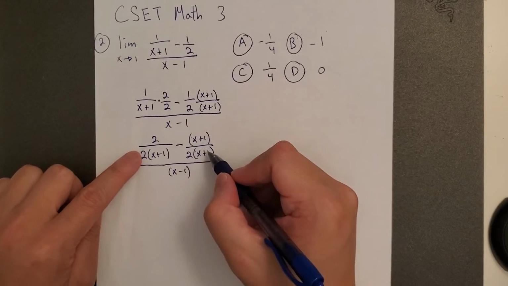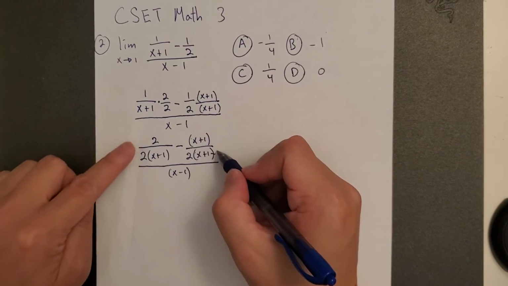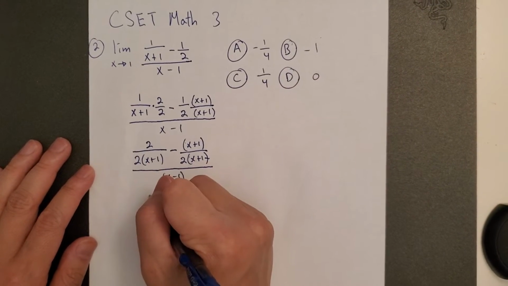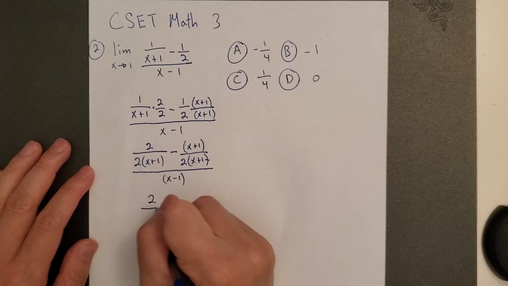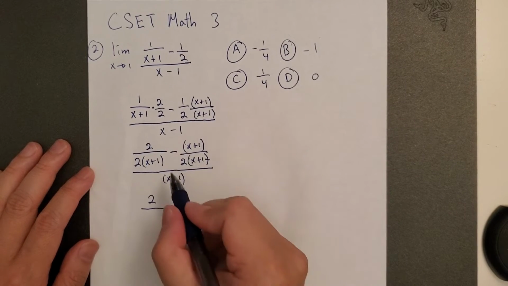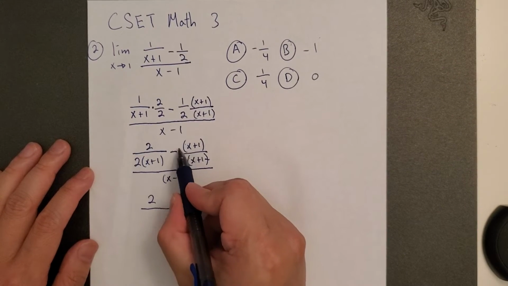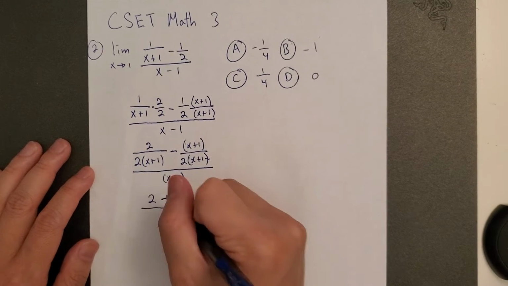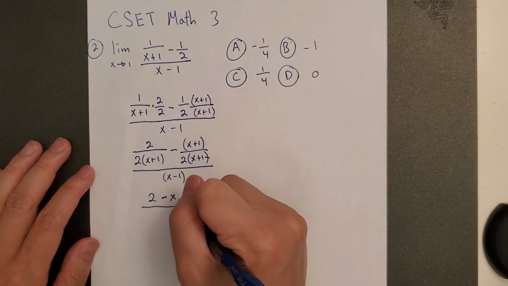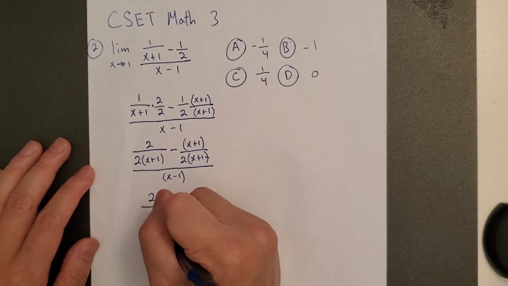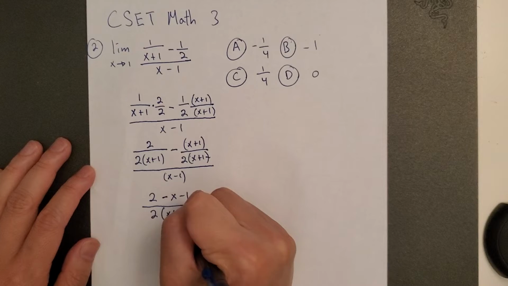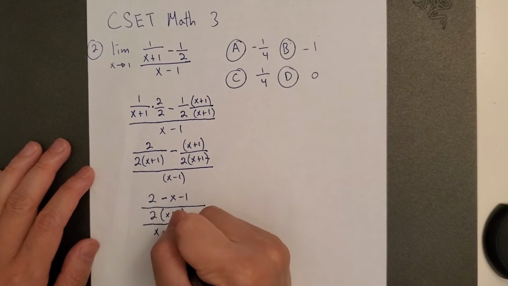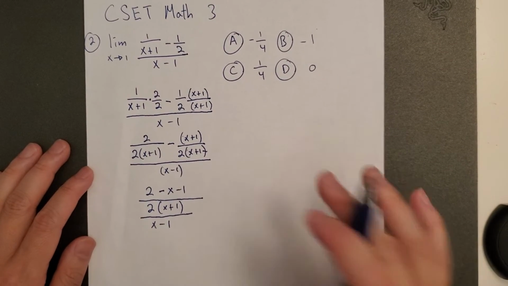Now that we have a common denominator on the numerator, we can combine them. Now, this is very important. You have to distribute this big negative sign here. So we need to have a minus x, and then we have a minus 1. And it's all over x minus 1.